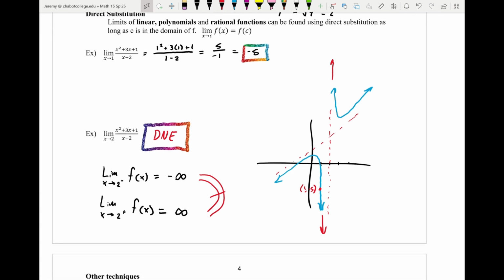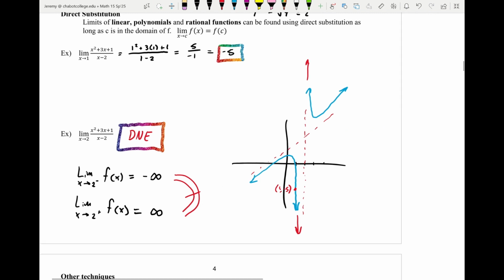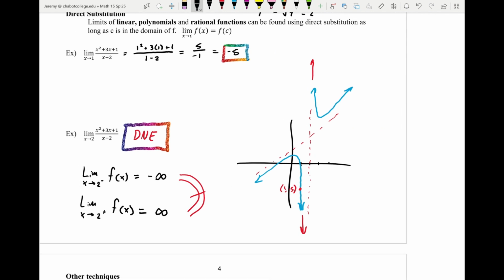Okay, and also, I took a graphical approach here. You also could have used your calculator to do a table of values approach, right? Plugging in some x values that were close to 2. So you could have put in 1.9, 1.99, 1.999. You could have gone from the other direction and put in 2.1, 2.01, 2.001, and you would have seen the same kind of thing.